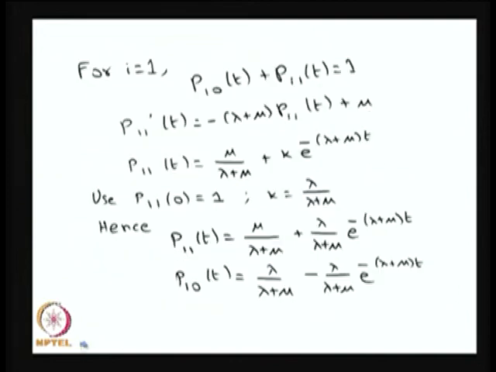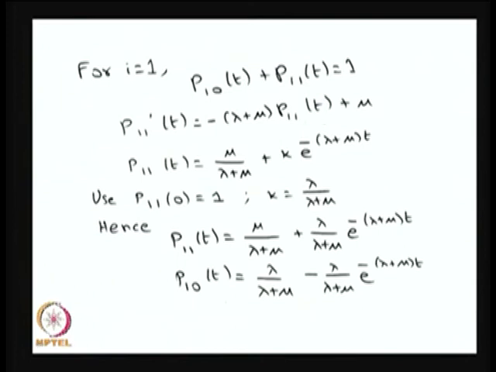Therefore, P10 of t is nothing but 1 minus P11 of t. Substituting in the second equation from the previous slide, I get P11 dash of t is equal to minus lambda plus mu times P11 of t plus mu.